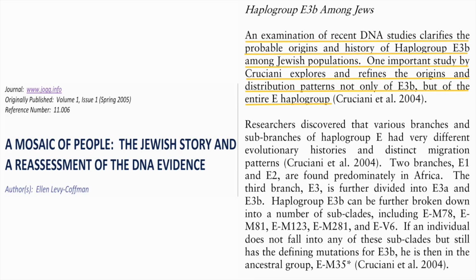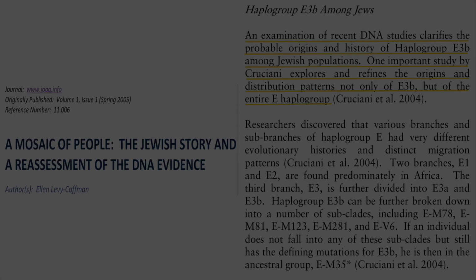And according to the paper titled A Mosaic of People, the Jewish Story, and a Reassessment of the DNA Evidence, and it reads, an explanation of recent DNA studies clarifies the probable origins and history of haplogroup E3b among Jewish populations. One important study by Cruciani explores and refines the origins and distribution patterns not only of E3b, but of the entire E haplogroup.